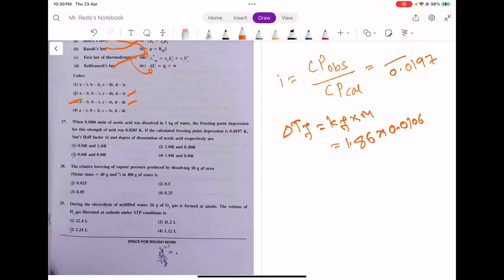The freezing point depression of this acid was given already directly. No need to calculate the delta TF.